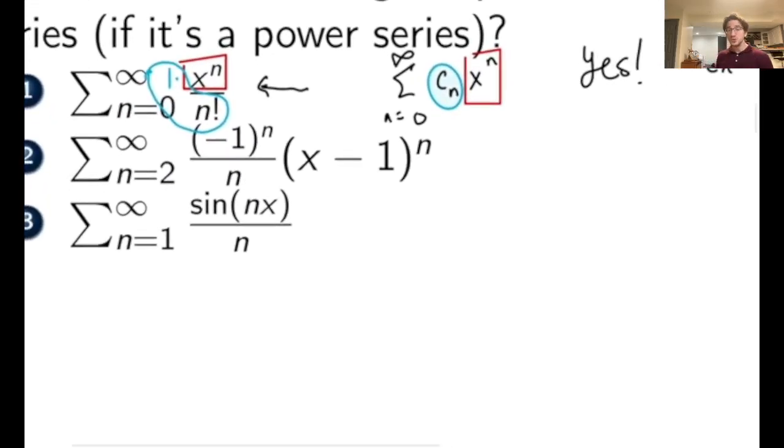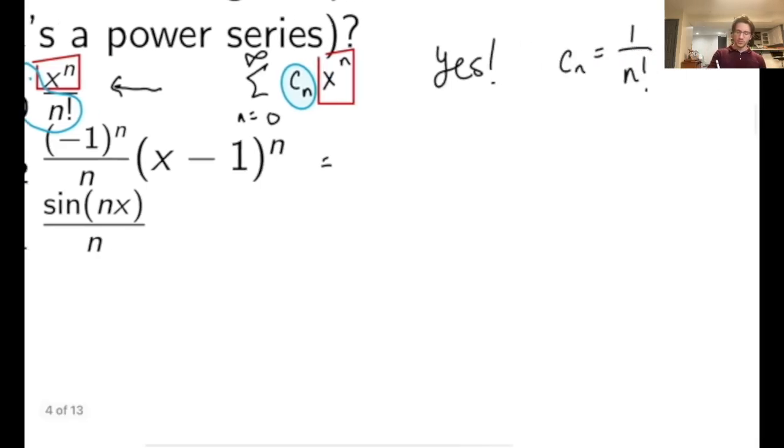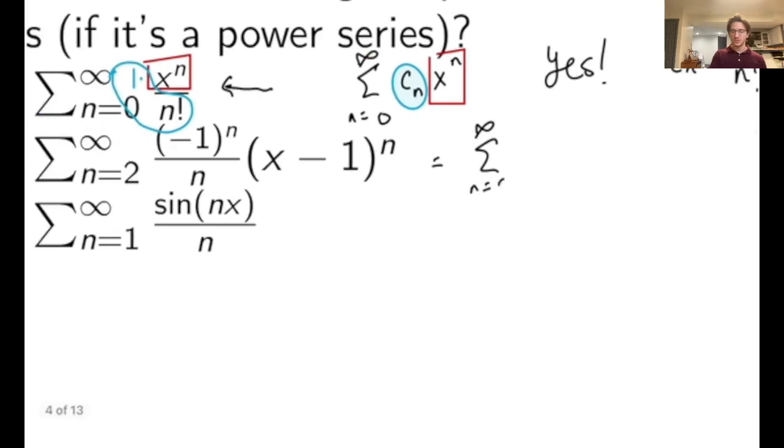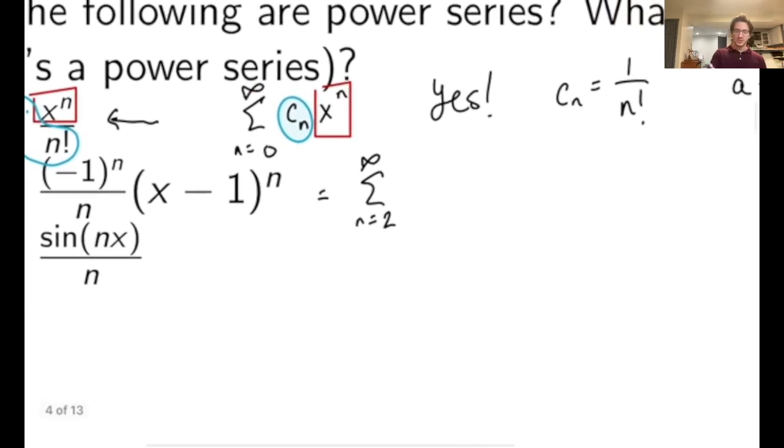The sum from 2 to infinity of minus 1 to the n over n times x minus 1 to the n. Again, can we write this in the form the sum n equals 0 to infinity? And again, the beginning index doesn't really matter. If it starts at 2, that's fine. So the sum from 2 to infinity of Cn times x minus a to the n.